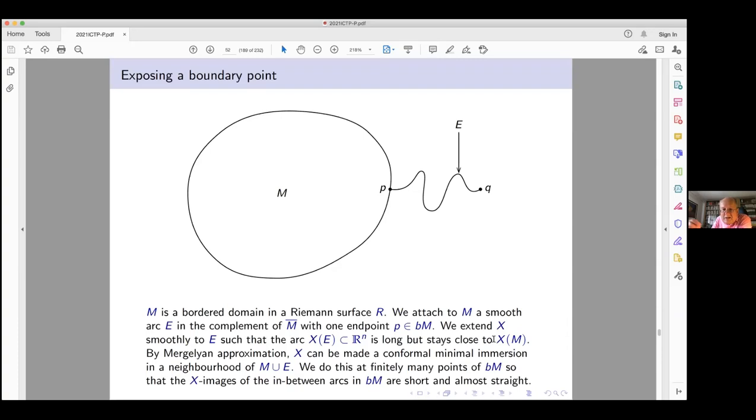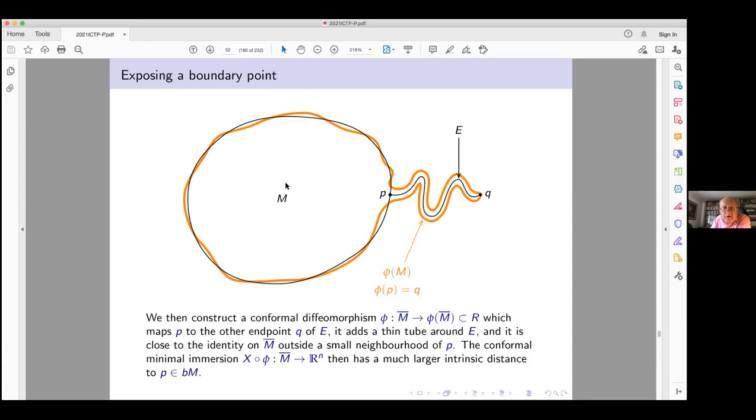So it means it's oscillating. You just go back and forth a lot. By Mergelyan approximation, I can approximate X by something in the neighborhood of M union the arc. And we do the same thing at finitely many points of M, so that what is left in between, there will be short arcs, which are almost straight somehow, because they are short enough.